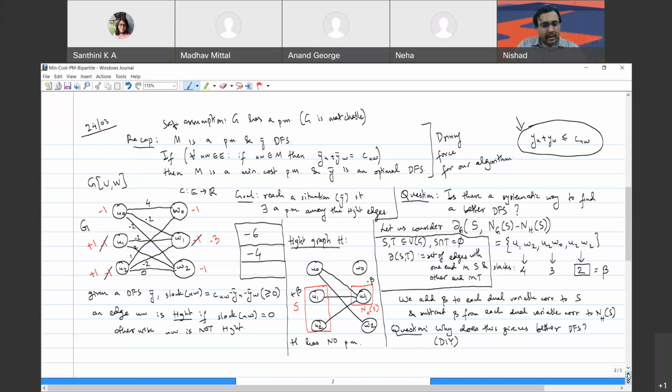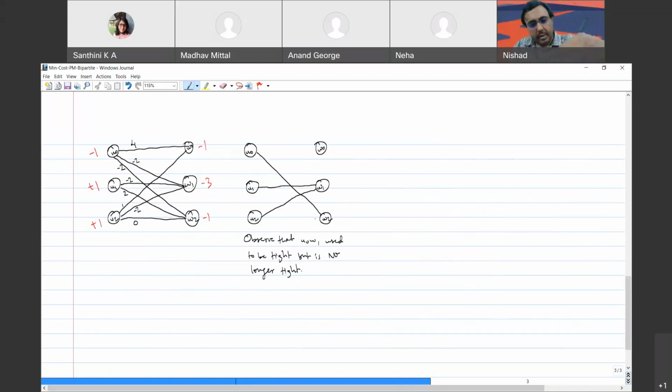Okay, and what about the other edges? Some edge must have become tight. The one with the minimum slack should have become tight. U2 W2. Let's check. U2 W2. It's 0 plus 1 minus 1. So it's tight. So U2 W2 has become tight.